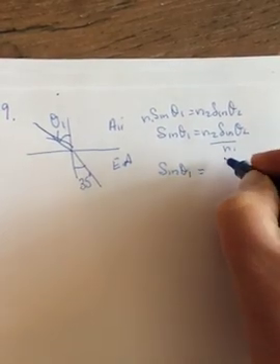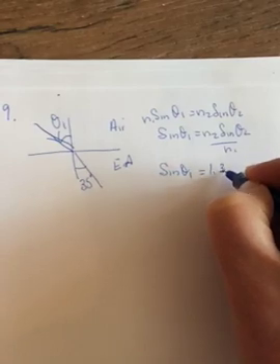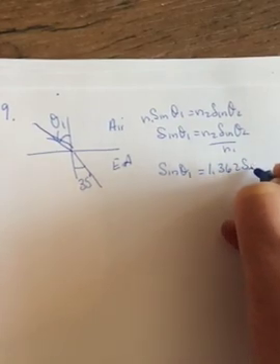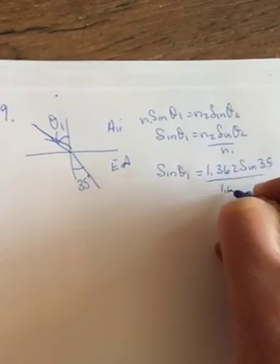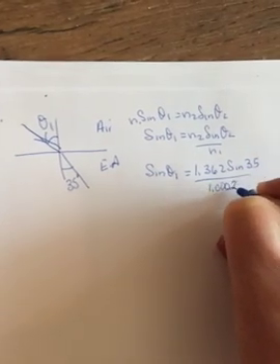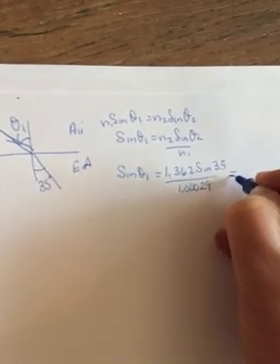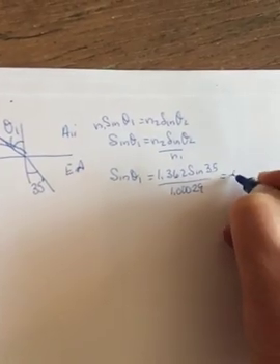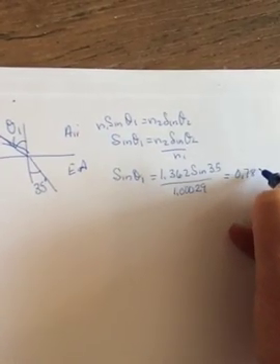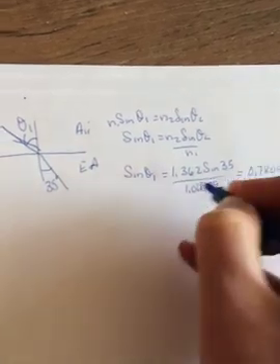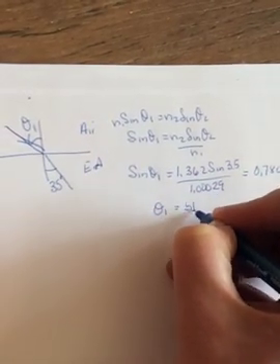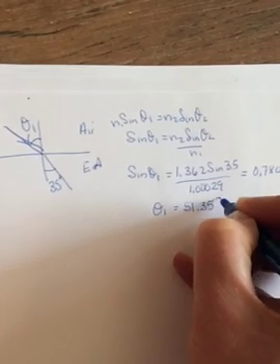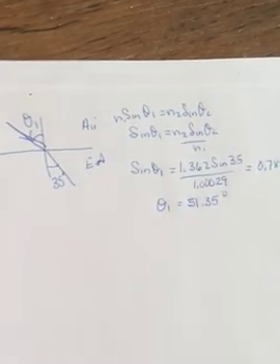When you look it up in the chart, is 1.362 sine of 35, and N1 is air, 1.00029 again. You get sine theta 1 to be 0.78, I think that's a 0.78. Do second function sine and get theta 1 to be 51.35 degrees. Okay?